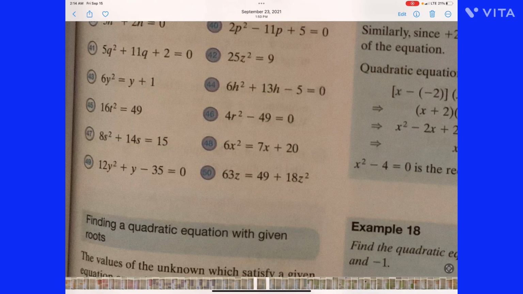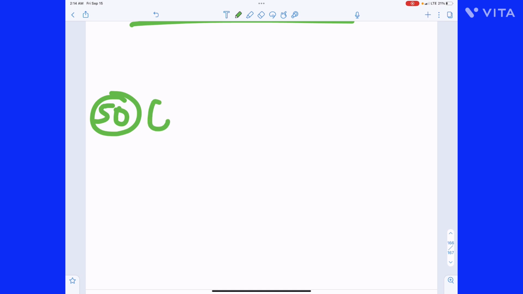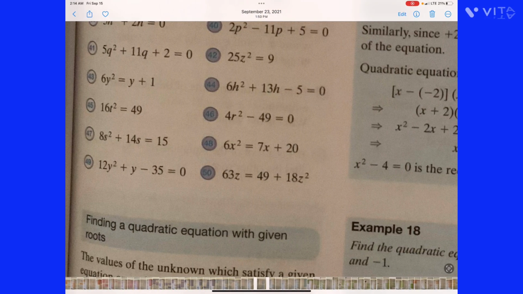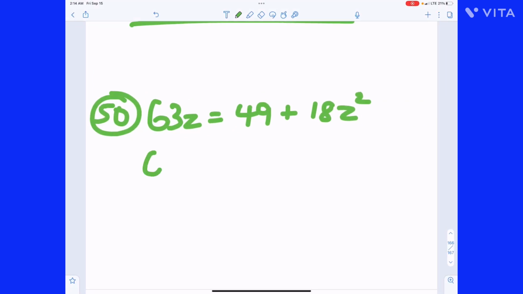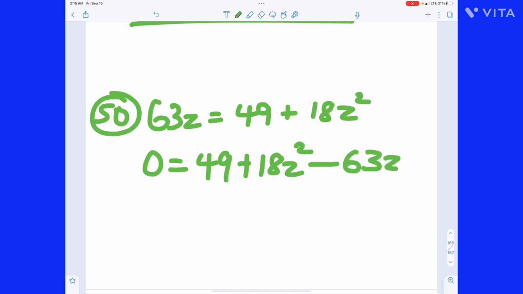Let's now do the last one, number 50. 63z is 49 plus 18z squared. This one, we're going to have to take 63z to the right. So let's leave 0 here and take 63z to the right to meet the remaining terms: 49 plus 18z squared minus 63z.